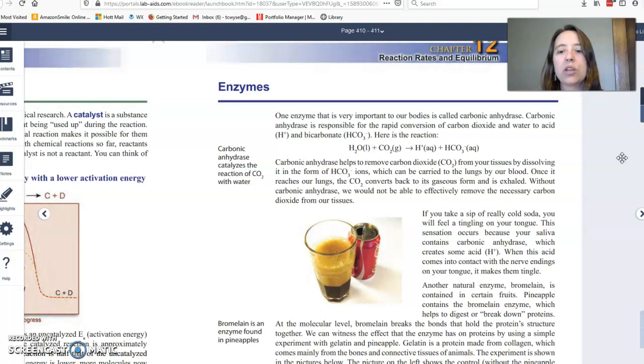And this is really good that your body is able to do this quickly with the help of this enzyme, because the buildup of CO2 in your body would be deadly. We've talked about this in human biology. If you've taken that, that will make sense.